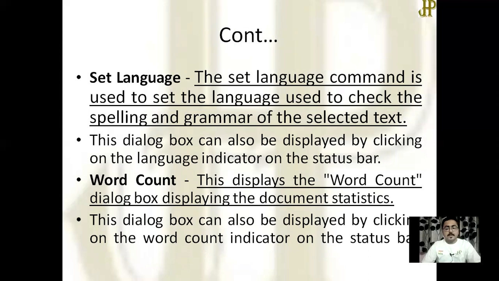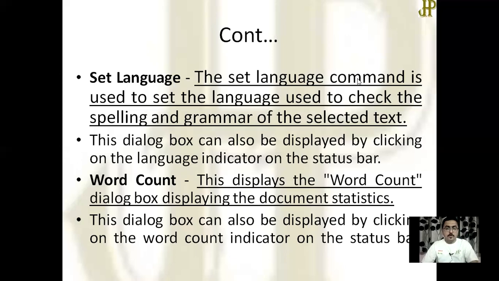And the last one is word count. This displays the number of words in a particular document. Again, this dialog box can also be displayed by clicking on the word count indicator on the status bar.